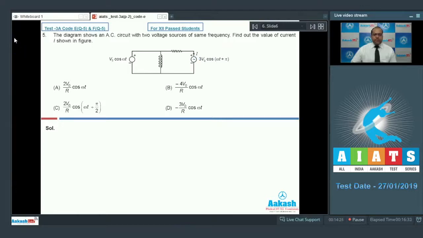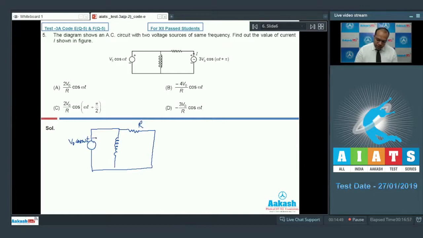So if I apply the superposition principle, then if I draw the diagram in this way, let this is my first source and its potential is V naught cos omega t. Let this is an inductor coil and this is resistor R. First I am taking this way.